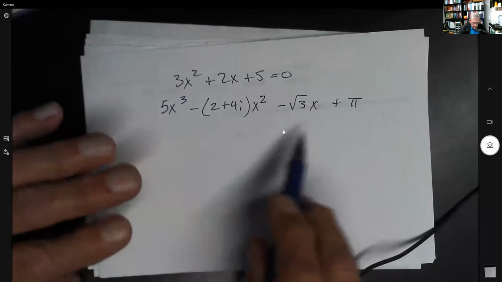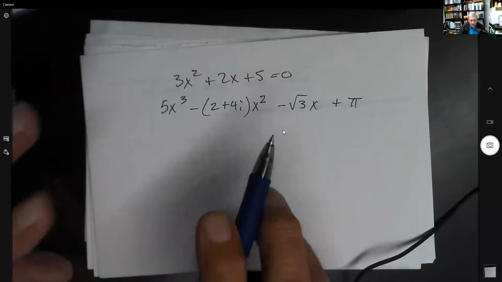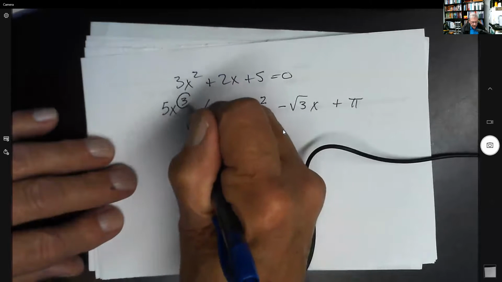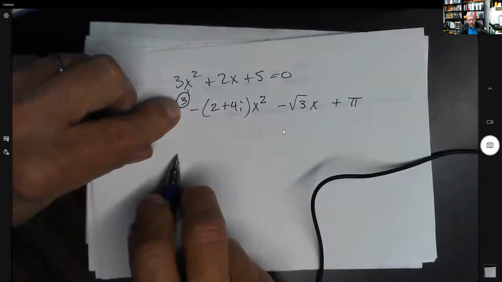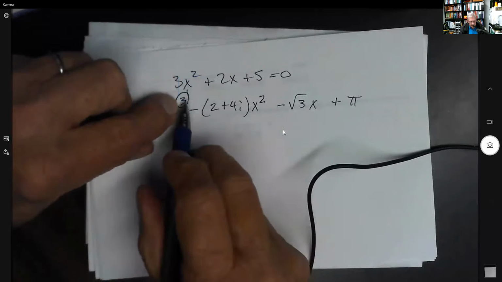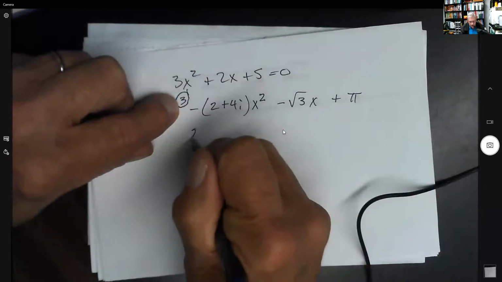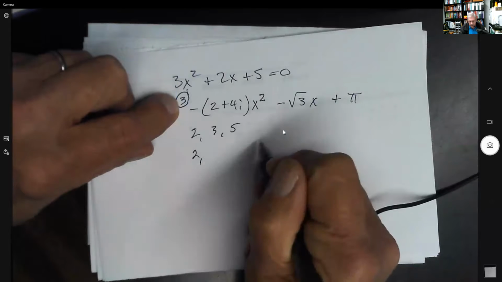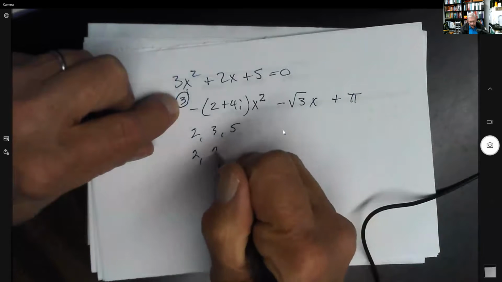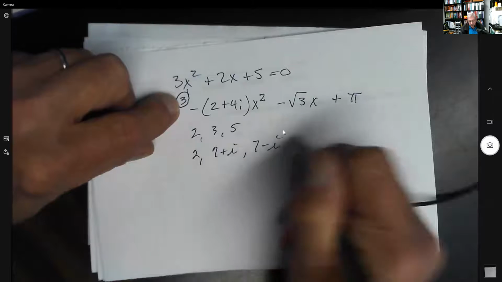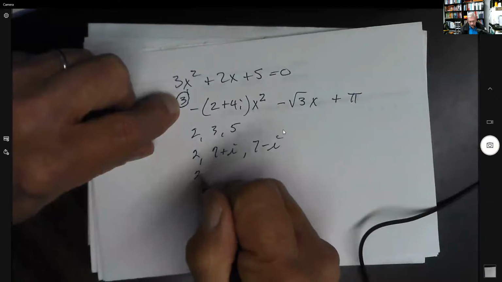So the fundamental theorem of algebra, the way I look at it, says if this power is a 3, you should get 3 answers to this problem. Now, those answers might be nice answers like 2, 3, and 5, or they could be imaginary answers, or complex numbers, or they could be radicals.